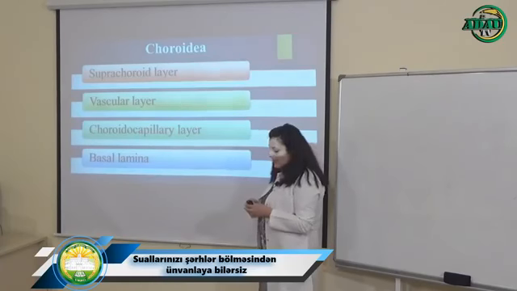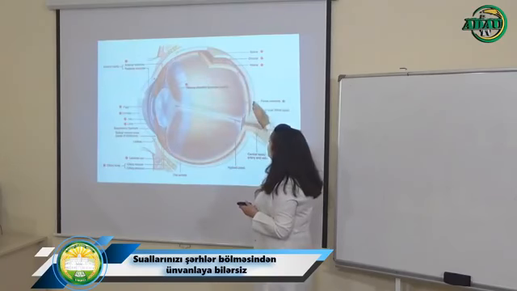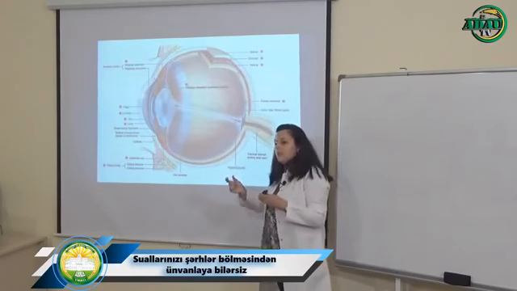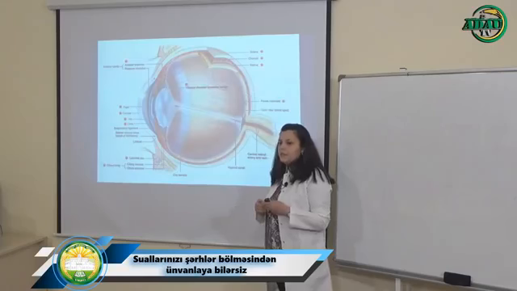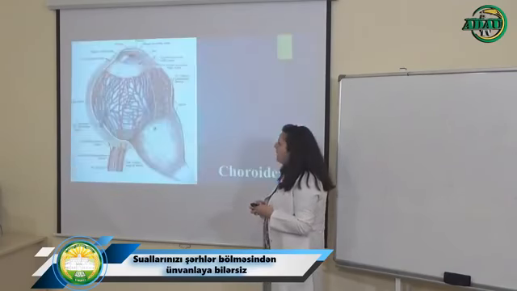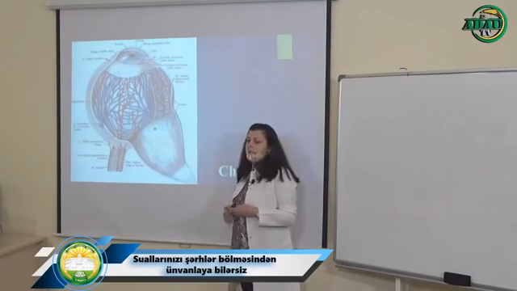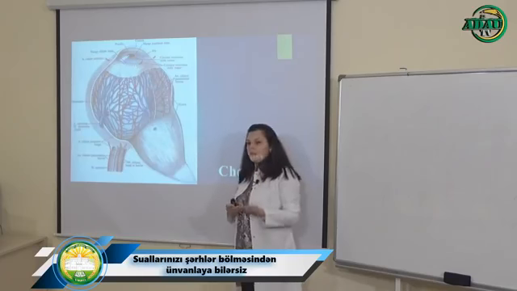The suprachoroid layer is the border between the sclera and the choroid and provides the division of these 2 layers from each other. The vascular layer is the main layer, which consists of lots of vessels, arteries and veins.